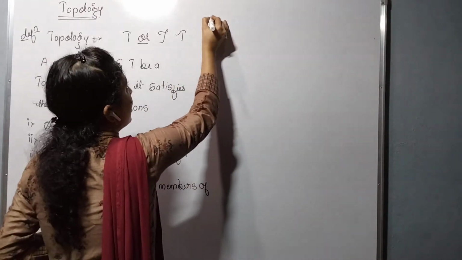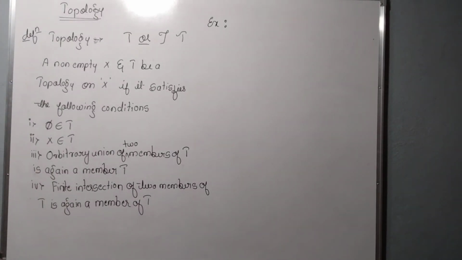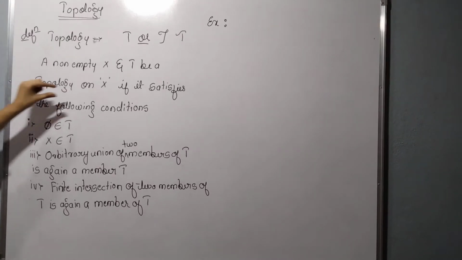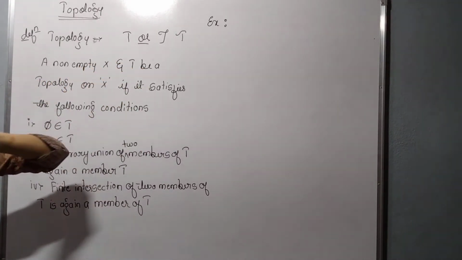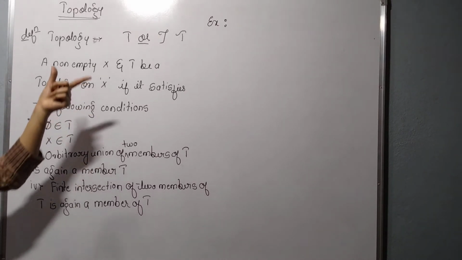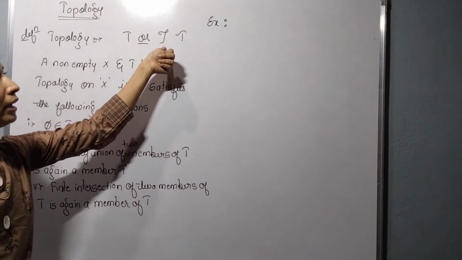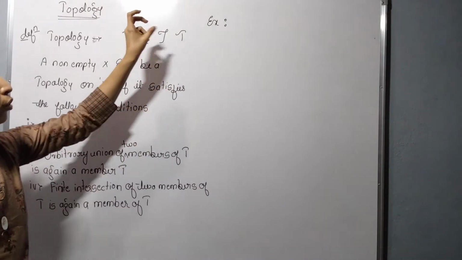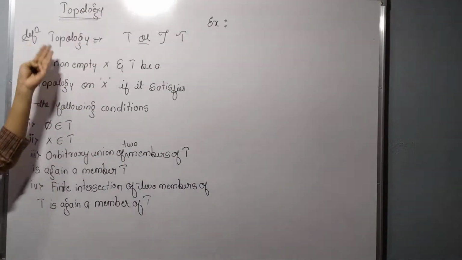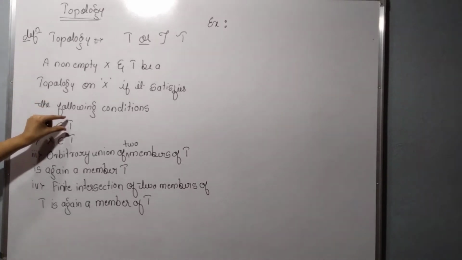So here we have to consider the example. Here this pair X and tau is called as the topological space, and the members are called as the open sets. And already I told that topology can be denoted by capital T or like this or Italian T. So here we have to consider capital T as tau.